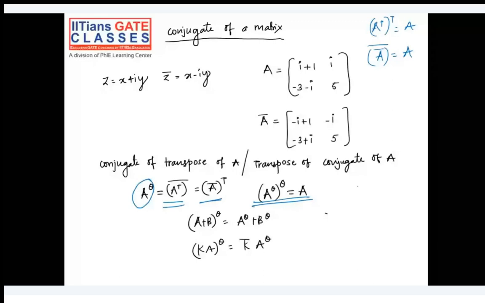The new term I have introduced here is conjugate, which is A bar, in which you write the conjugate of each individual term, and another terminology is A raised to the power theta. It can be written for the conjugate of the transpose of a matrix or the transpose of the conjugate of a matrix. I hope it's clear.